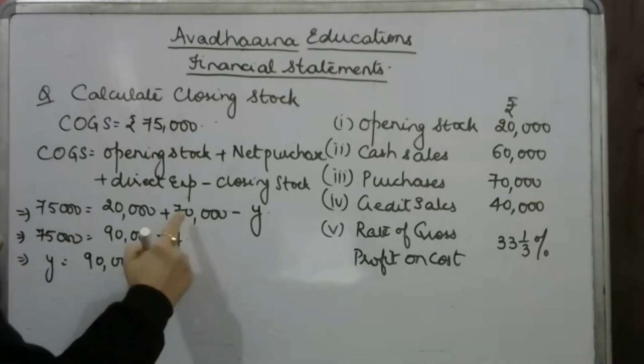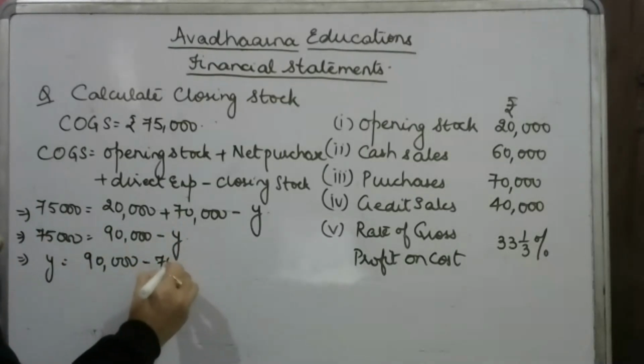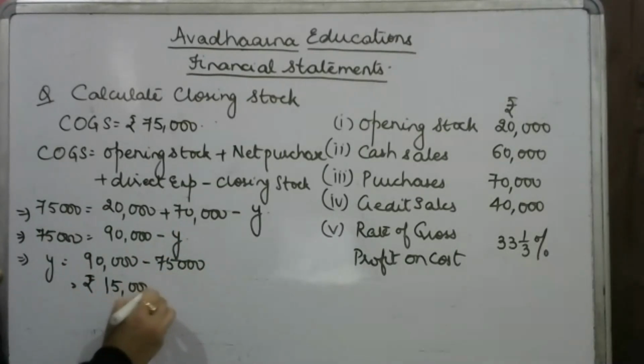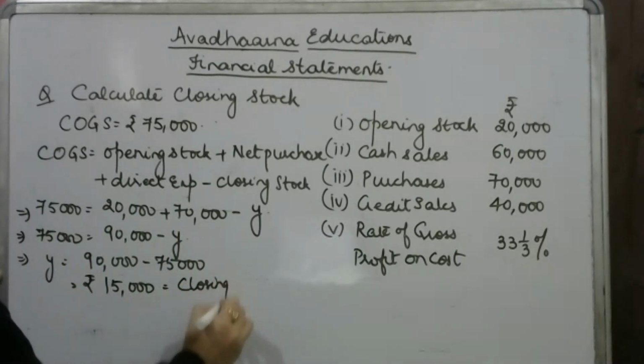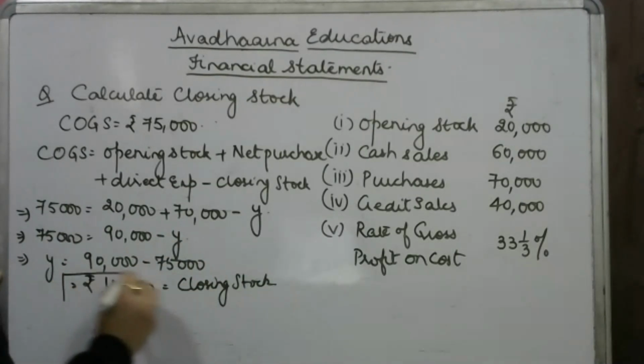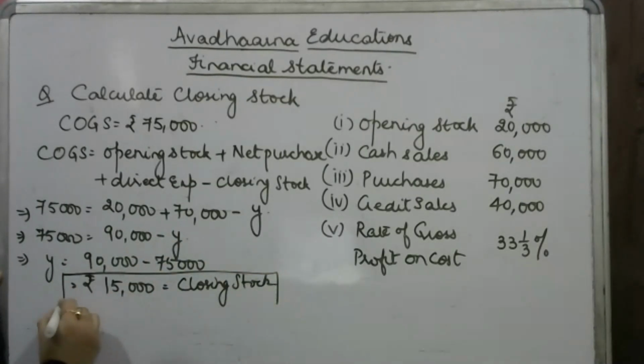We'll take 75,000 on the right hand side. Plus 75,000 will become minus 75,000. And the value of closing stock will be 90,000 minus 75,000, which is equal to 15,000. So rupees 15,000 is the value of the closing stock. I hope that the solution of this problem is clear to everyone.